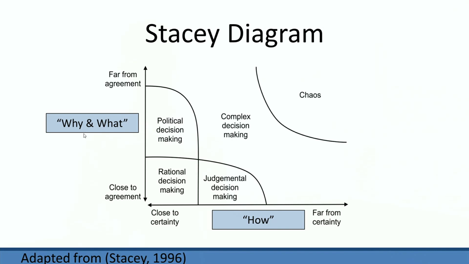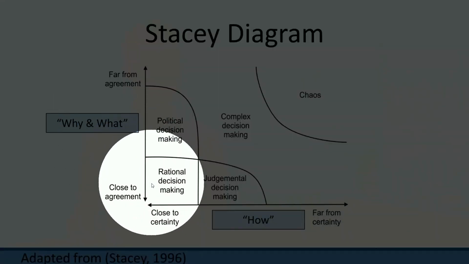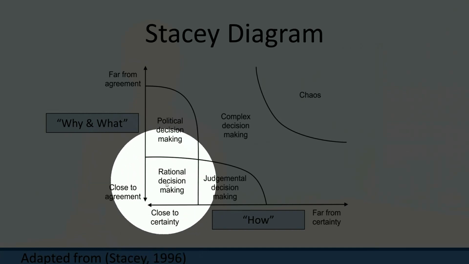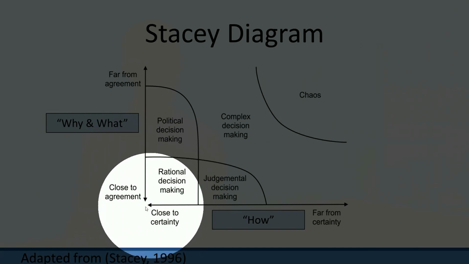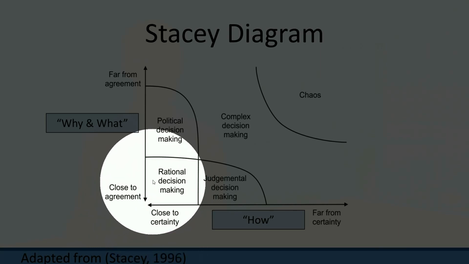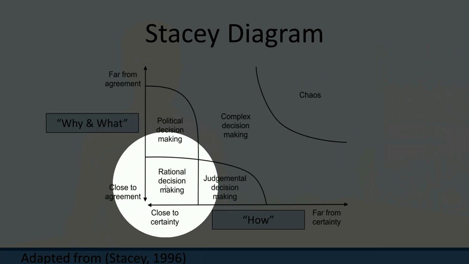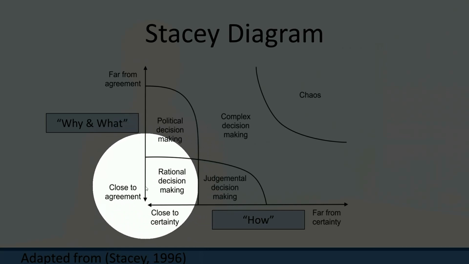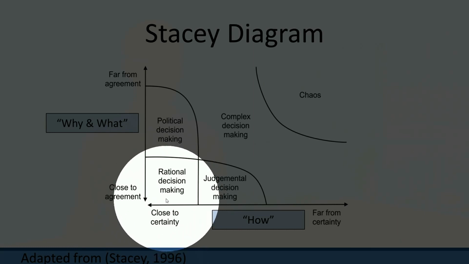And there will be some situations where, if people genuinely agree on why and what something is necessary, there's a clear view on the benefits, and genuinely there's a clear solution, you're in the domain of rational decision making, and if you're in the bottom left, you probably are in the just do it type of situation.